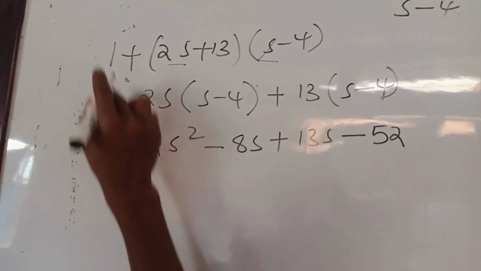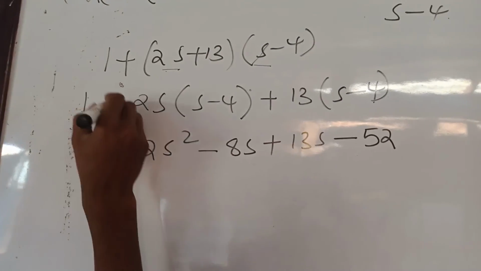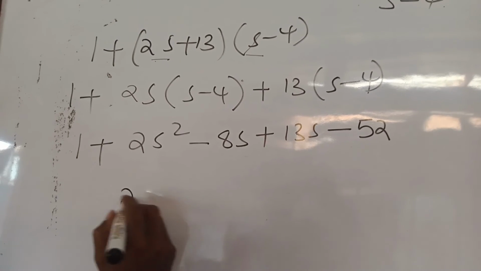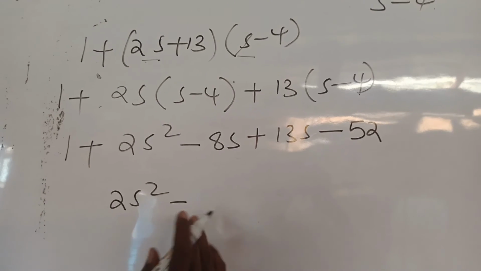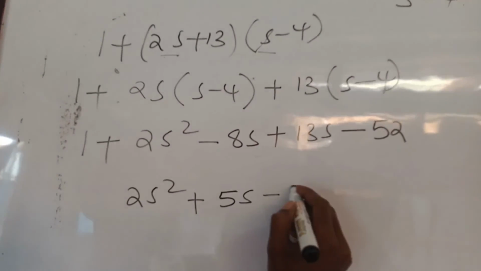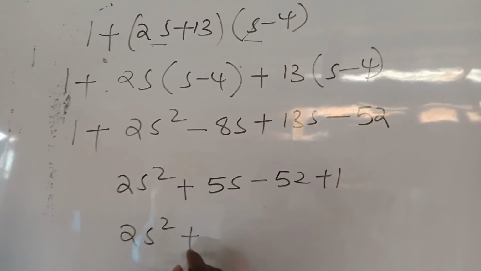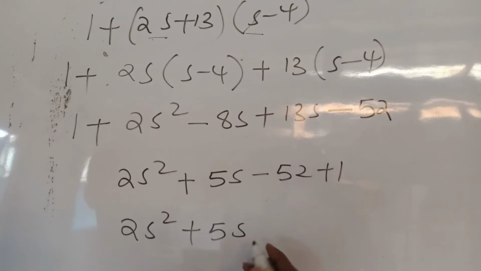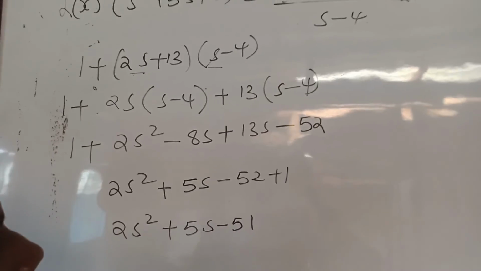Remember there is a plus 1 here, don't forget that 1 plus. Hope we are together. So this is 2s squared minus 8s plus 13s, you get plus 5s minus 52 plus 1, which is 2s squared plus 5s minus 51. Hope you are together until there.